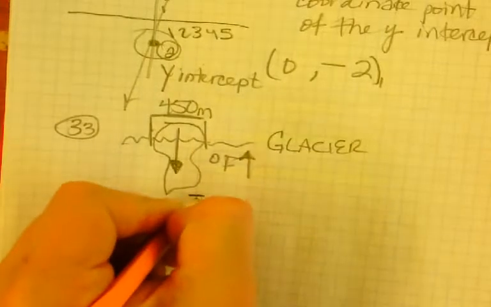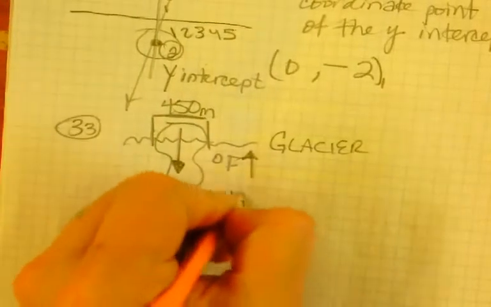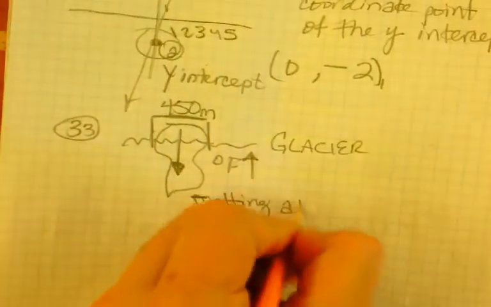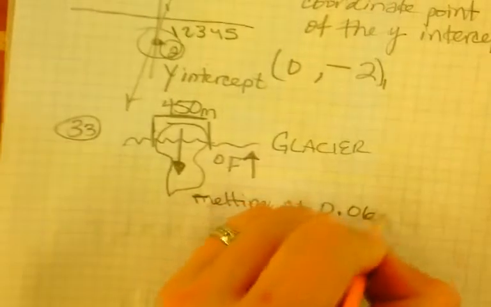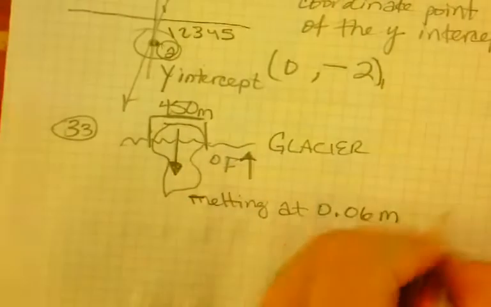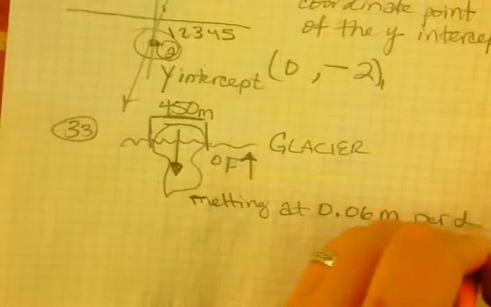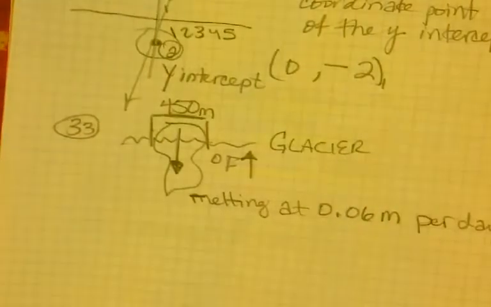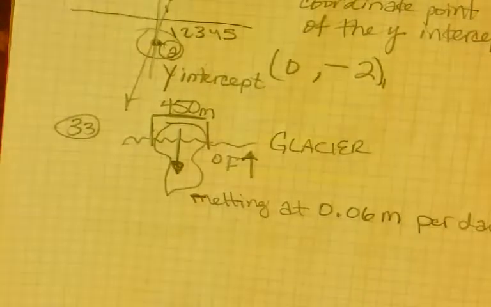We are melting at 0.06 meters per day. So the little scientist girl goes out there, she's got her little tape measure, and every day it's just getting smaller and smaller.